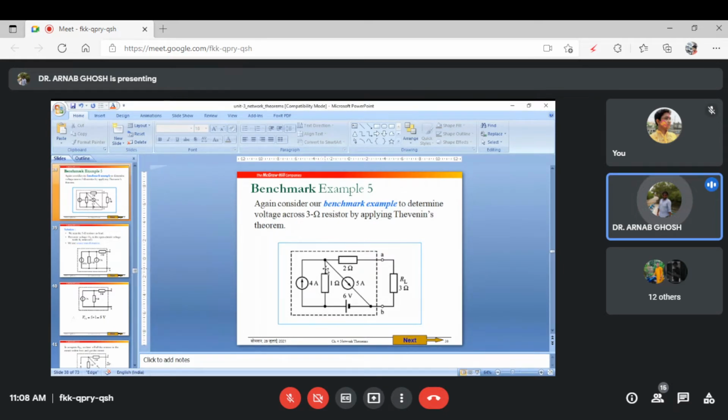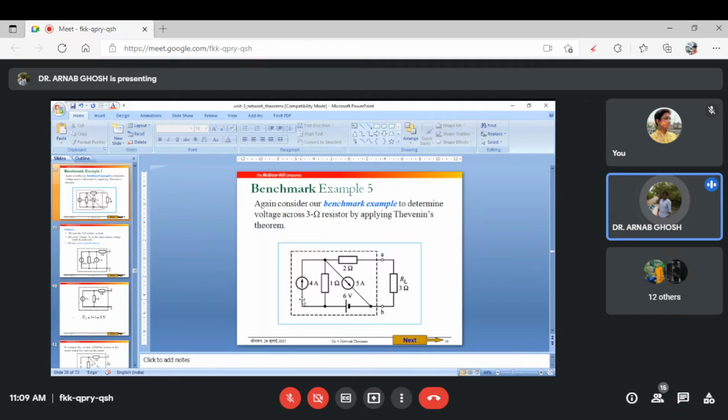For source transformation, a voltage with a resistance in series is converted to a current with the resistance in parallel, right? So what will this become? What will be the total current here? 6 ampere.